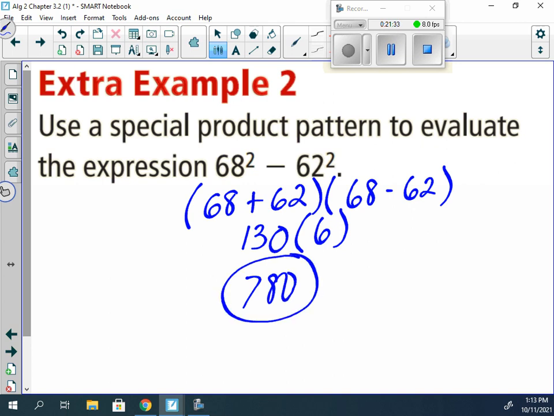And 130 times 6 would be 780. Any questions on this here?